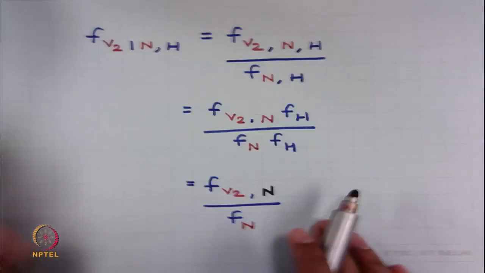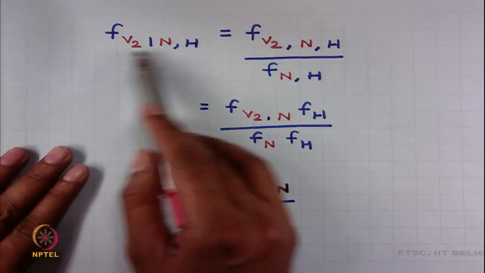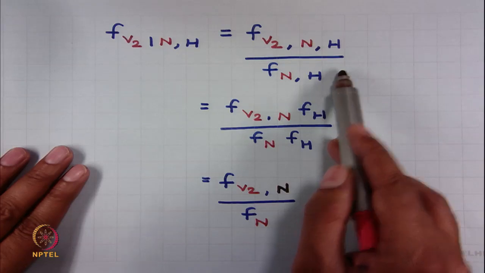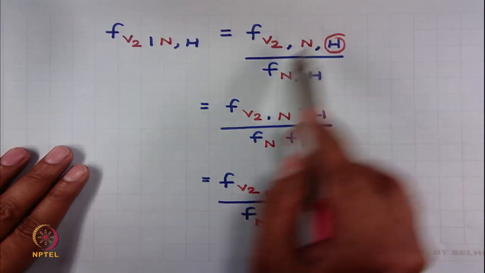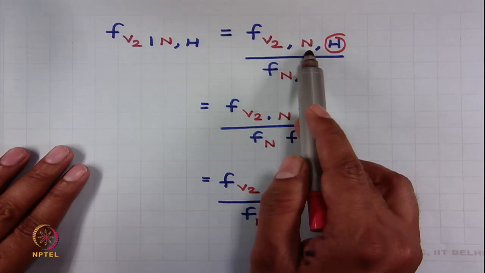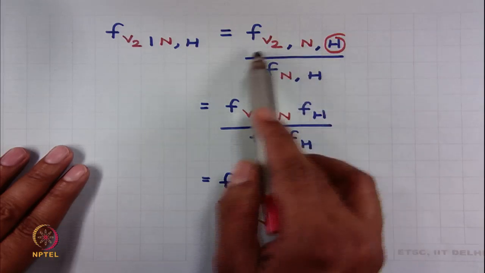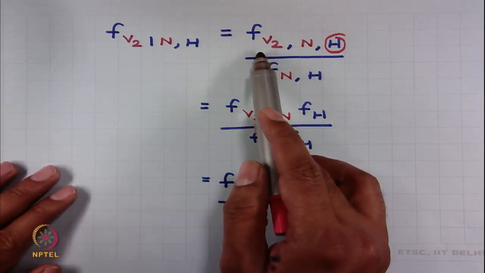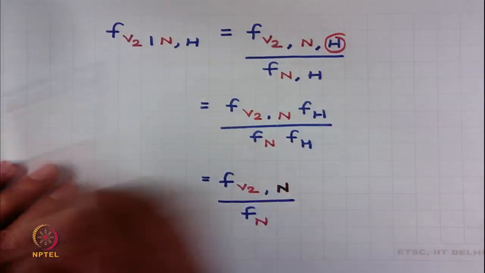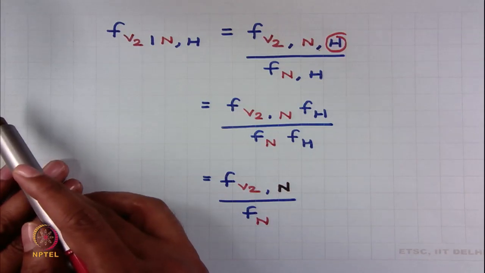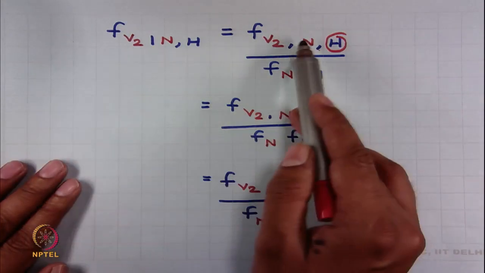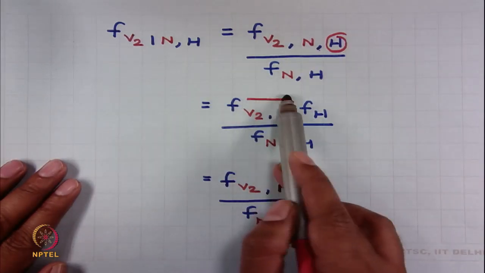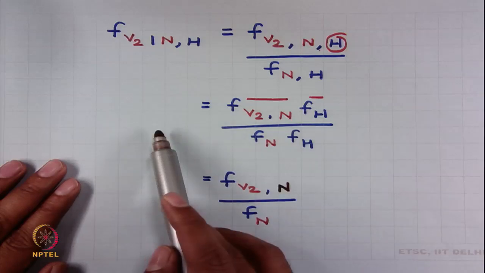So, from this conditional PDF of V2 given n and h, we have already said that this is the case, and this hypothesis is independent of noise as well as of V2, because this is a residual noise. So, hypothesis H is independent of both V2 and n, and thus the joint PDF is simply the multiplication of these PDFs.